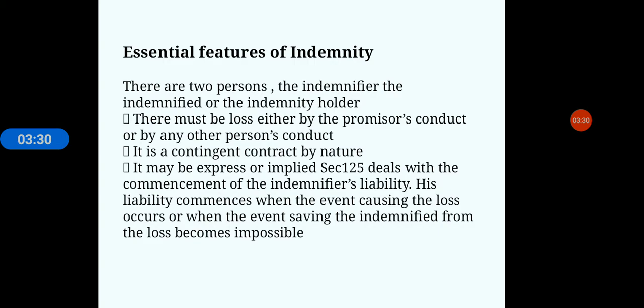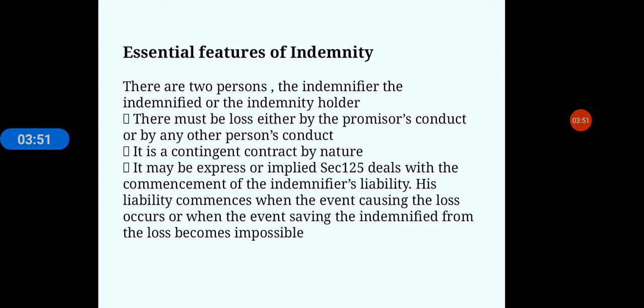The next essential feature of a contract of indemnity is that it may be express, either spoken or written, or implied, depending upon the circumstances of the case. Section 125 deals with the commencement of the indemnifier's liability. What does it mean?